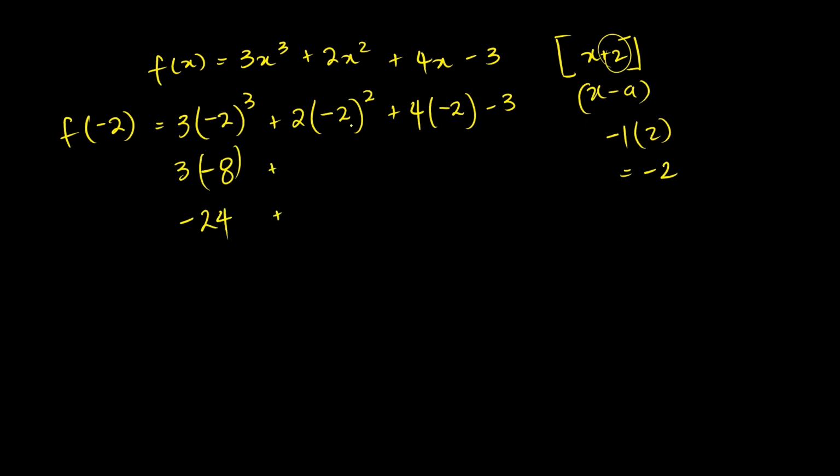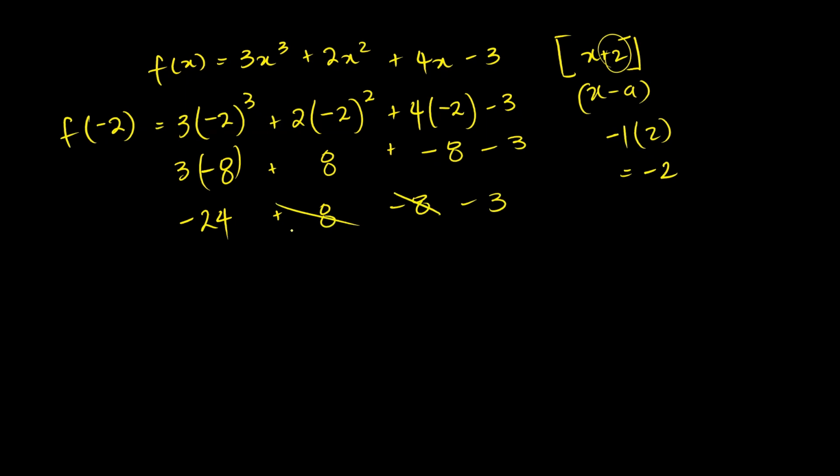And negative 2 squared is positive 4 multiplied by another 2. That's positive 8. And negative 2 times 4, that's minus 8. So 4 2's 8. Then minus 3. We can go even further, simplifying it.